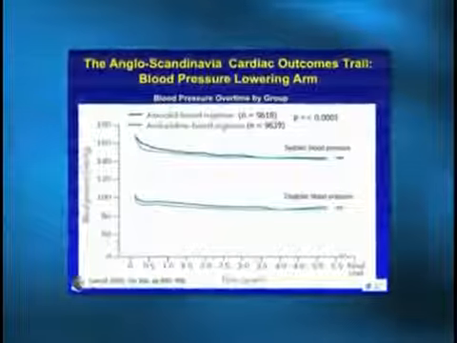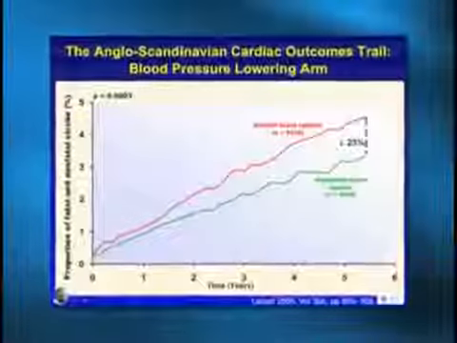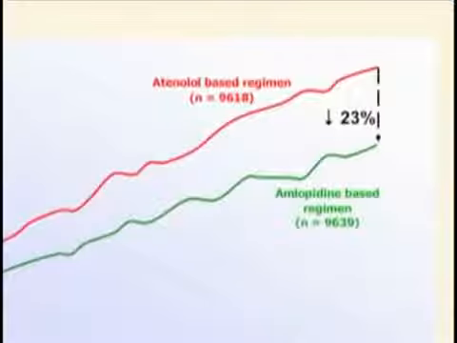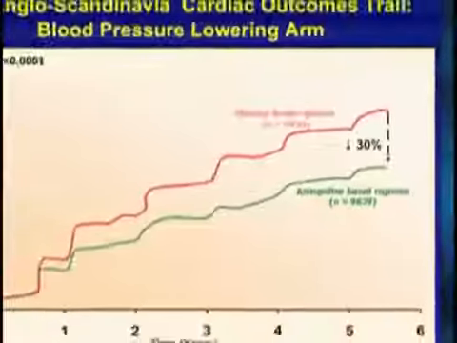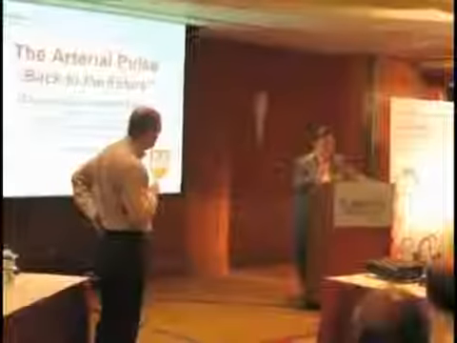But at the end of 5 years, the group that is treated with a certain drug called beta blockers has 23% more stroke and 30% more diabetics as compared to the second group. There was nothing you can find that can tell between the two if you were to look at the statistics on the surface, until Professor Brian Williams, who is the author of CAFE, showed this. This is true. The central pressure is the one that you have to monitor, not the brachial pressure.